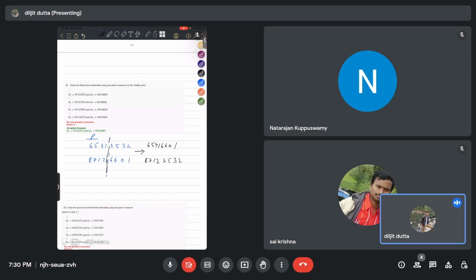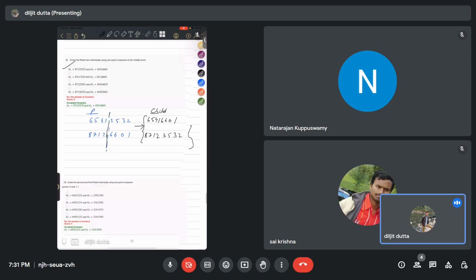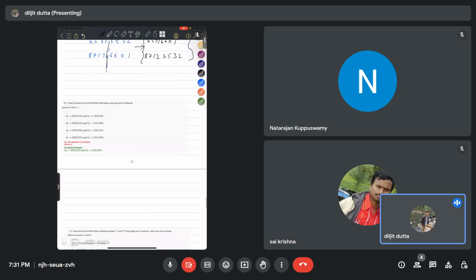So 8712 3532 and 6541 6601. I think option A. So this is the child. Okay, this is simple crossover. Now this is one part of the solution.